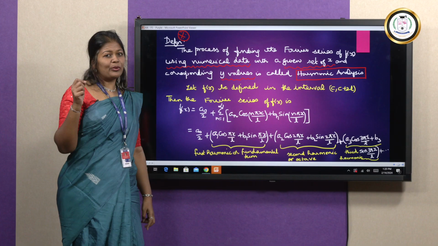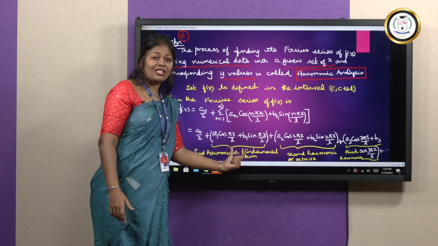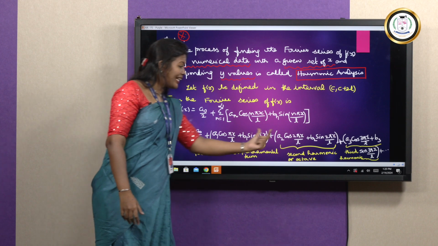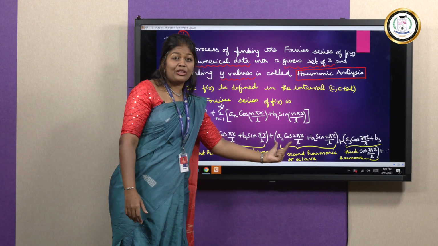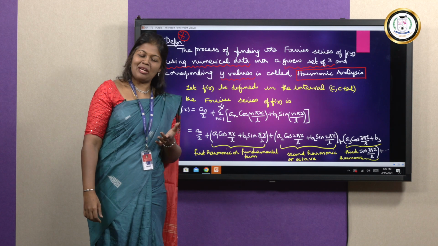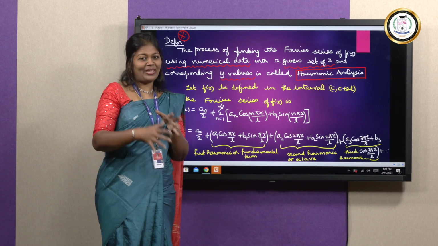Putting n equal to 2 you get a2 cos 2 pi x by l plus b2 sin 2 pi x by l, and so on. The first term is called the first harmonic. The second term, which has a2 and b2, is called the second harmonic. The third harmonic is the term which has a3 and b3, and so on.